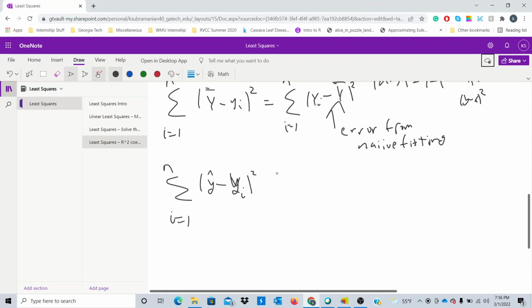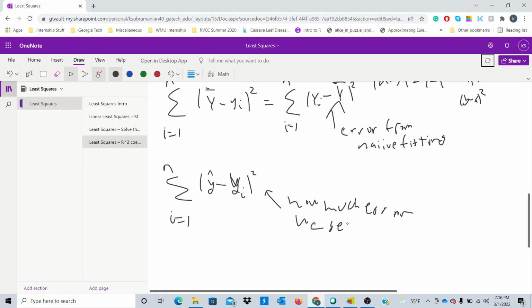And what do we know about y hat? Well, y hat is the value predicted by the line, and y sub i is the true value of the y data. So what is this? This is going to represent how much error we get from fitting the optimal line to the data set.